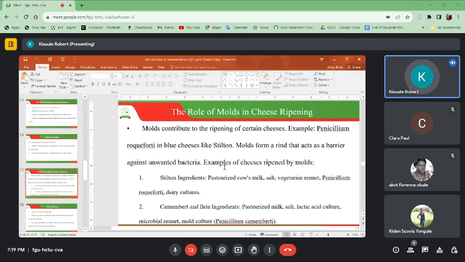So it wouldn't be surprising for us to find that most of these are also the French names that we have right here. For example, the camembert and also the brie ingredients. And it is also not going to be surprising since Louis Pasteur is the French scientist who introduced the pasteurization method in trying to kill the microorganisms that are present in the milk.